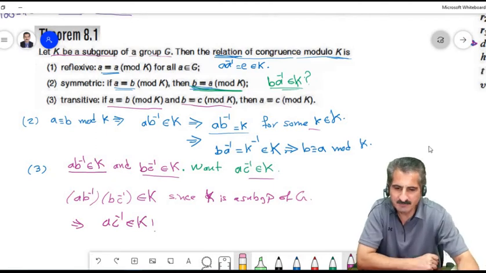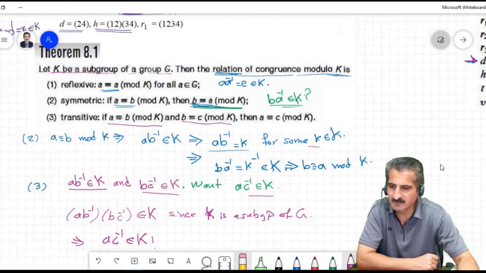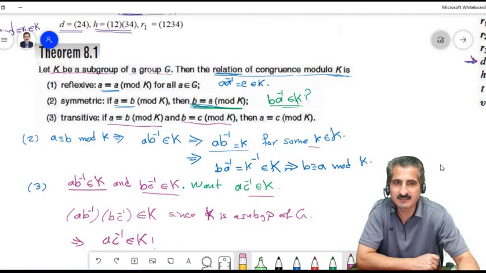Now again, as we said at the beginning of the lecture, what we will be doing here is generalizing the idea of congruences and congruence classes that we have seen in chapter 2 when we worked with Z or Zn. And this theorem is a generalization of theorem 2.1 if you would like to go back and see it.